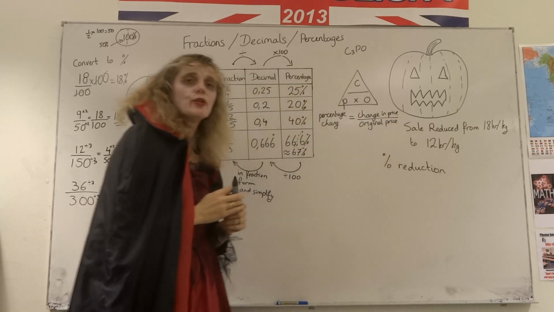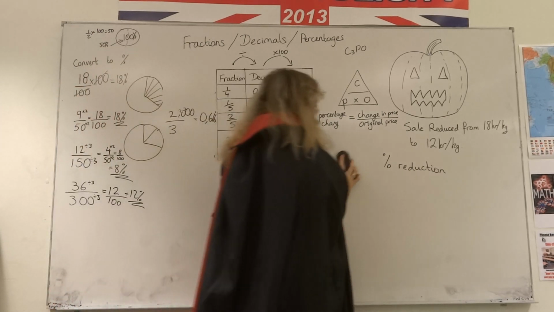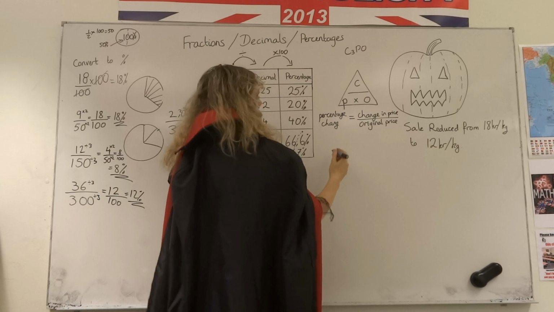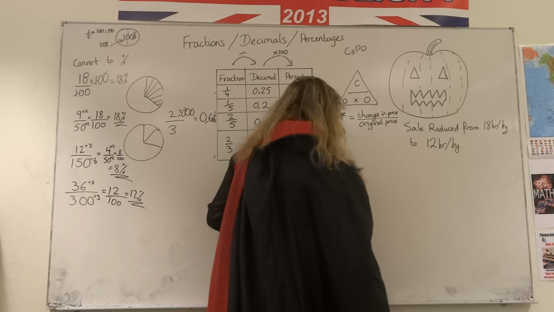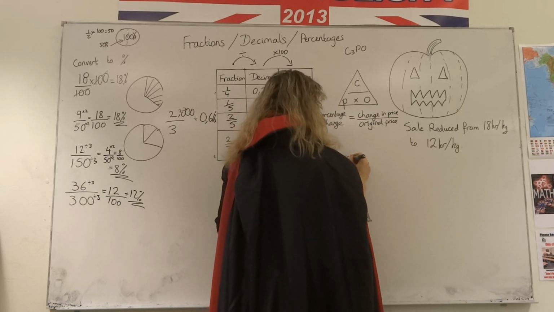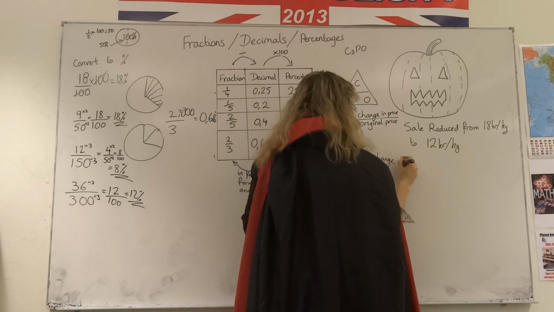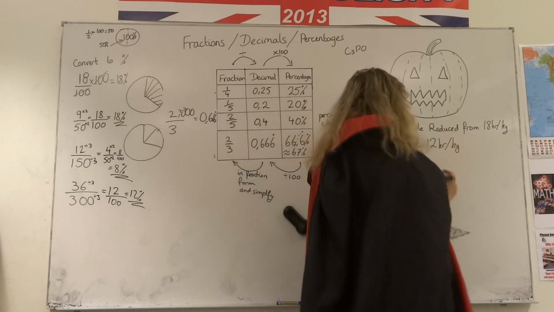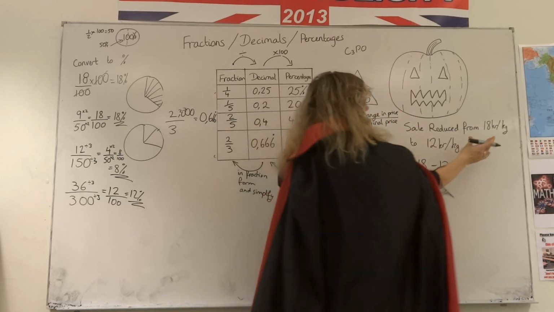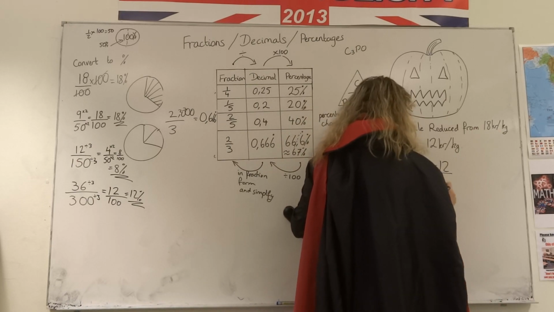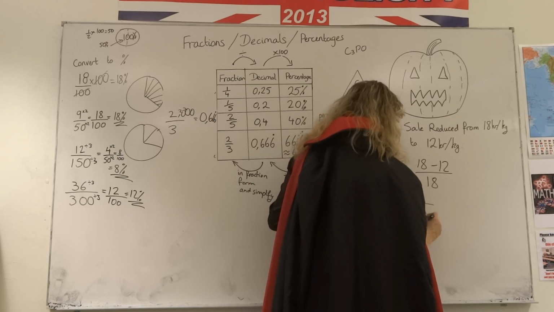And I can always use this formula whenever I would like to find out a percentage change. In this case it's a percentage reduction, but it doesn't matter. So the change in percentage is the change in price. We went from 18 kronas a kilo to 12 kronas a kilo, divided by the original that we had, which was 18. 18 minus 12 is 6, so we get 6/18.